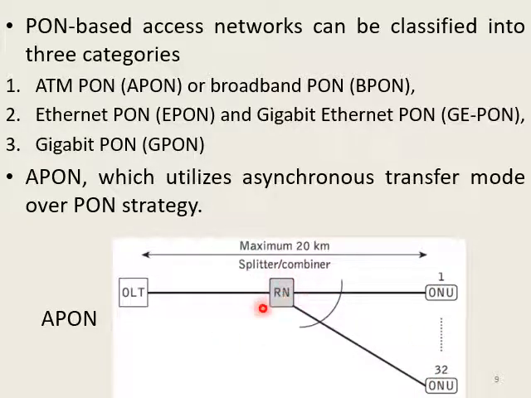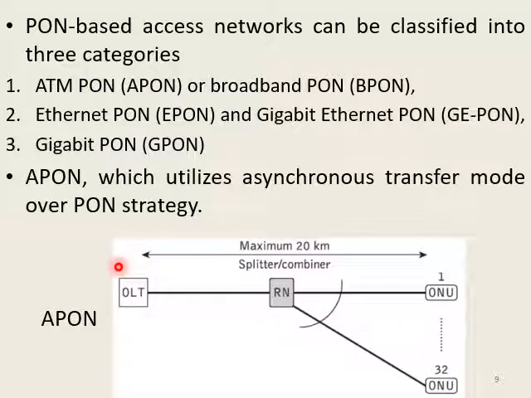RN is the remote node, ONU is the optical network unit, and OLT is the optical line terminal or termination unit. Here a 1 to 32 splitter is required, or a combiner can be used the other way around, if the action is done in reverse order.